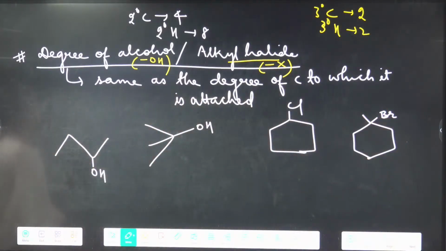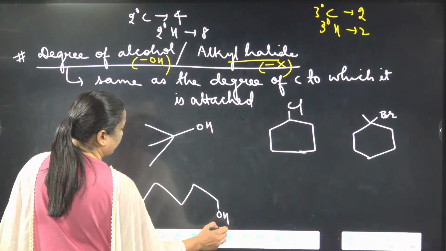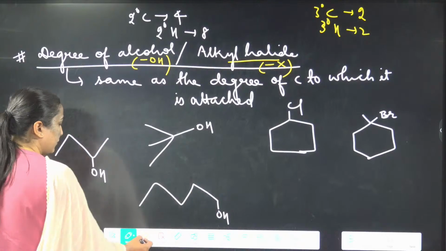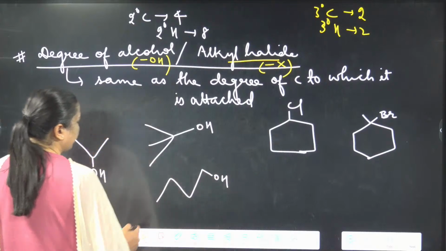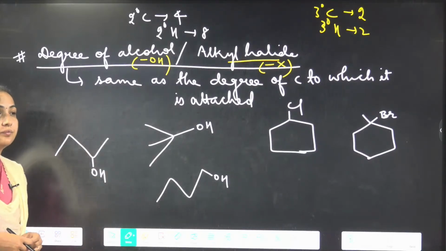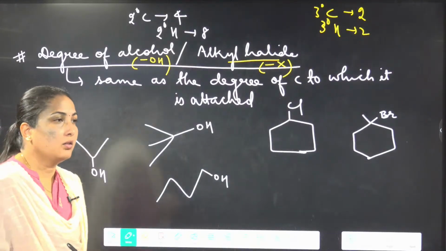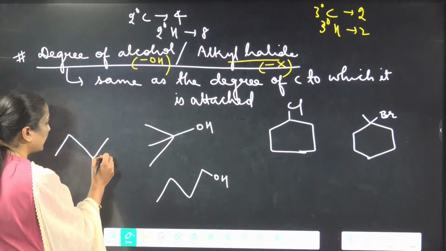Please identify the degree of the alcohol which I have written here. This is a 2-degree carbon.